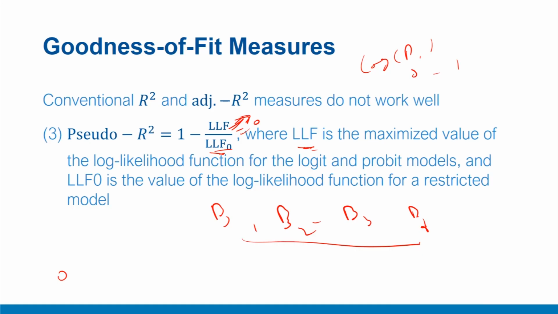If your model is very well specified, let's say it is a very good model where probability is almost inching towards 1, which is an ideal case, then the log of this value LLF will be closer to 0, because the likelihood functions are probabilities, and when probability is approaching 1, the log likelihood function will approach 0.